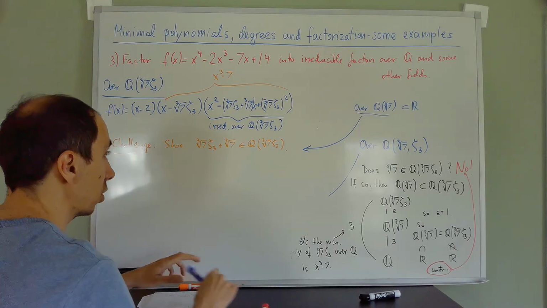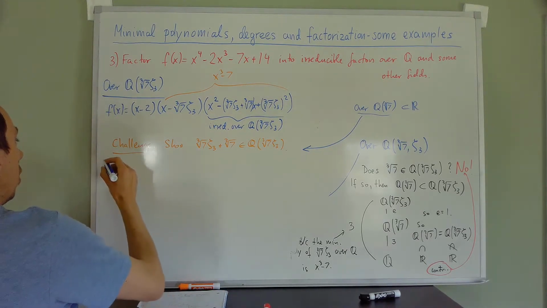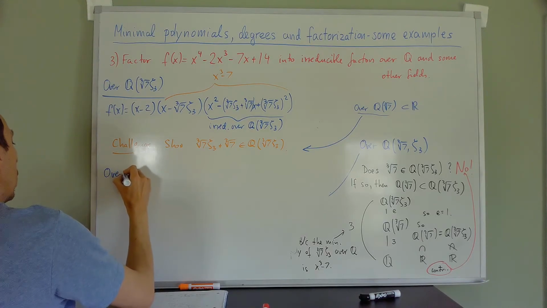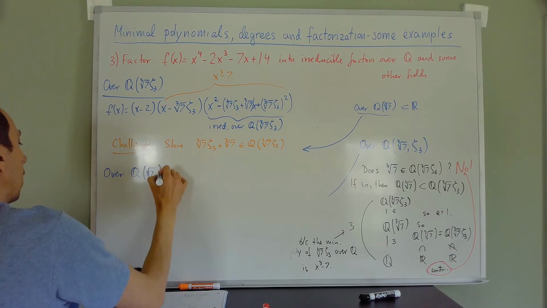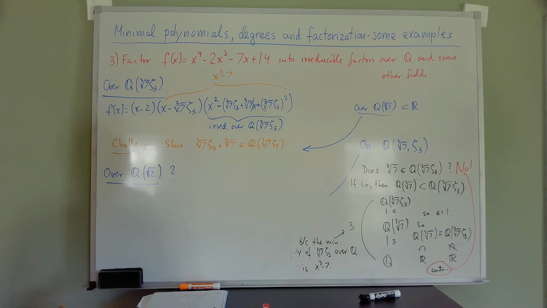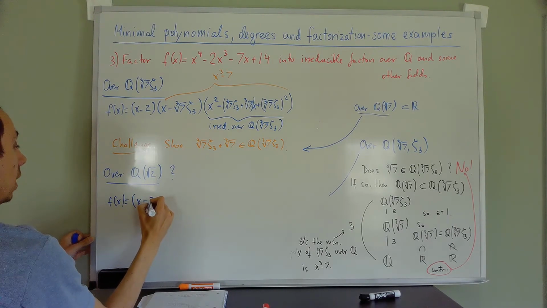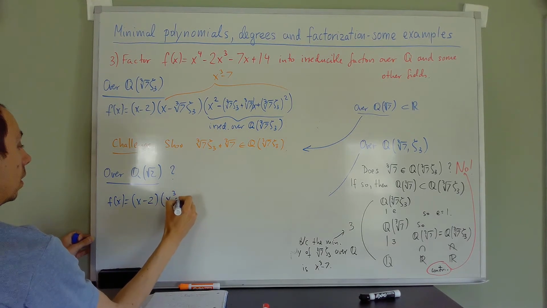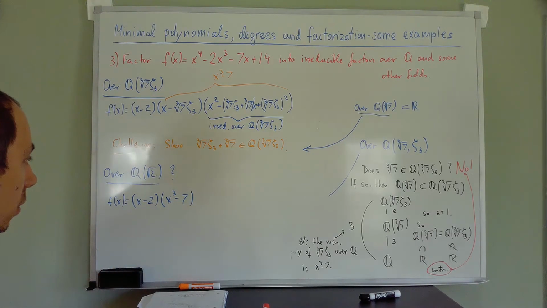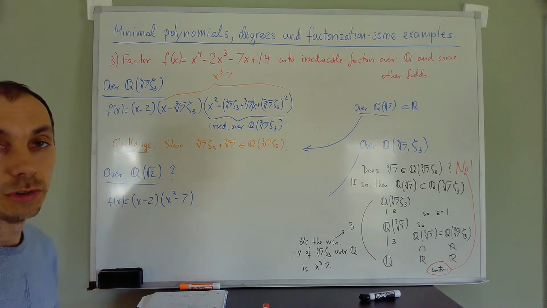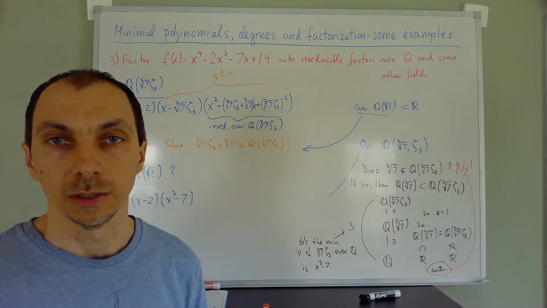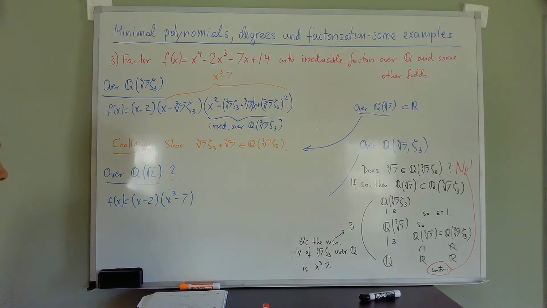Okay, and the last question, what's the factorization of this polynomial over Q adjoin radical 2? Okay, so let's start out again with my f of x. Its factorization over Q was like this. So the question is, maybe this is already also irreducible over Q adjoin radical 2. So is this clear or not?